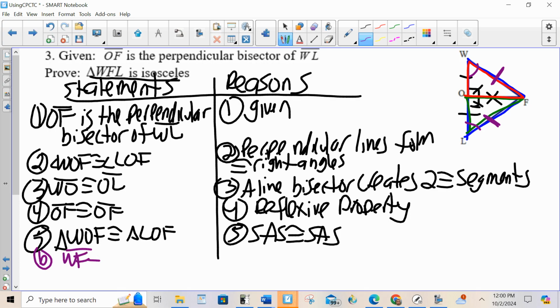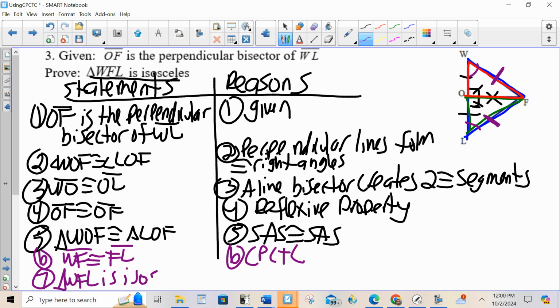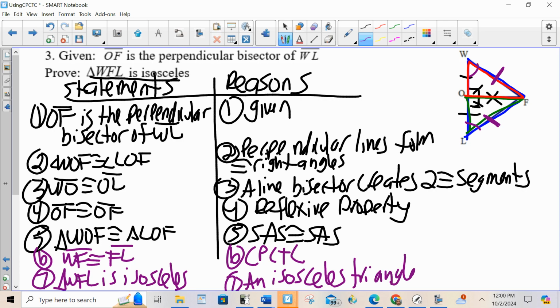Since those triangles are congruent, WF must be congruent to FL through CPCTC. And now that I have WF congruent to FL, triangle WFL would have to be isosceles because an isosceles triangle has two congruent sides.